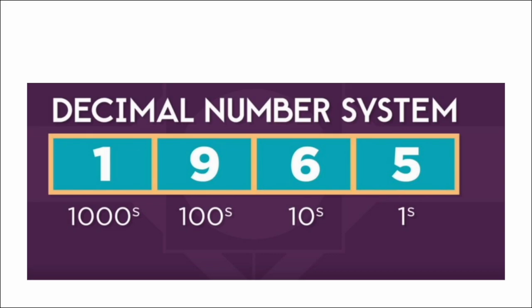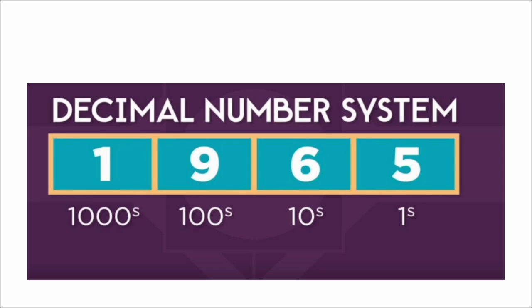Can you guess how many different digits you will have in an octal system? 8, 0 to 7. 8 is not included, like in the decimal number system, 10 is not a digit. You stop at 9.